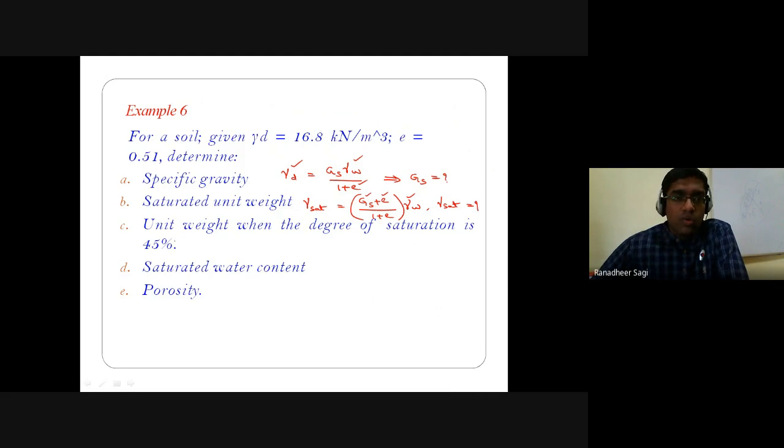Next, we are asked to calculate the unit weight of that soil when the degree of saturation is 45%. That's what we call the bulk unit weight or moist unit weight of the soil.